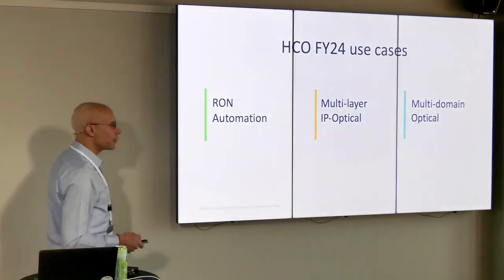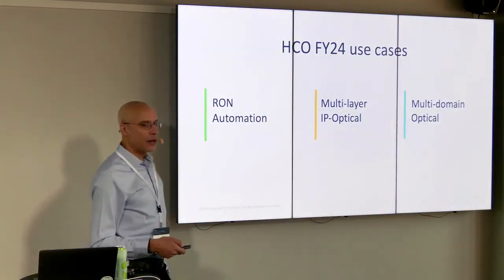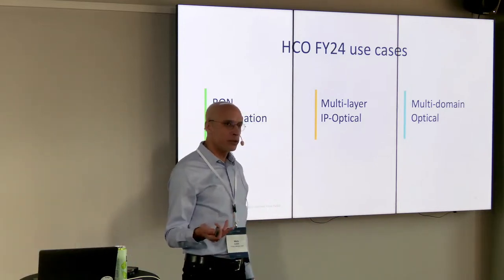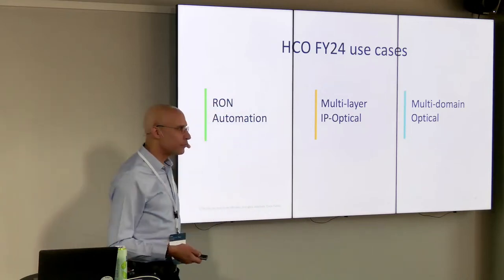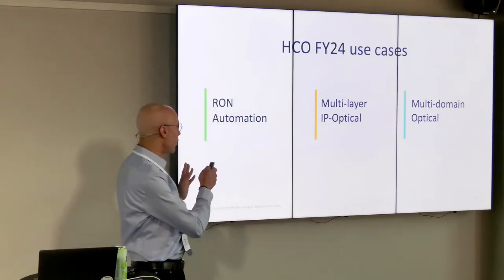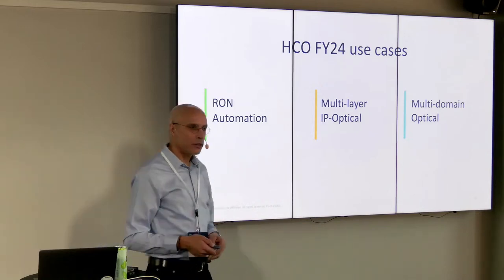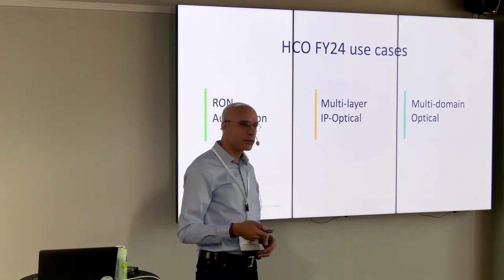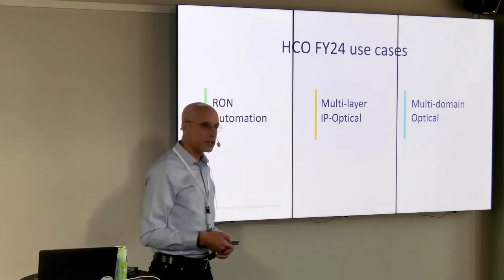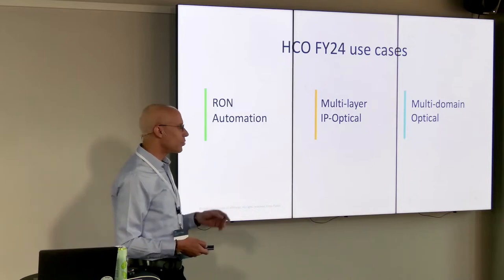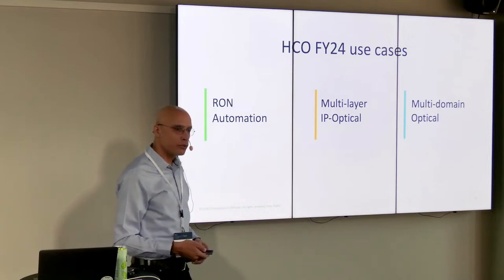Use cases, or in other words, what are the cases in which customers would approach us and would like to purchase HCO and see the value of HCO? So what we see now is we have 3 of them. The first one is the RON automation. You've heard about the routed optical network, which Guru spoke about. So HCO is the automation solution for the routed optical network.